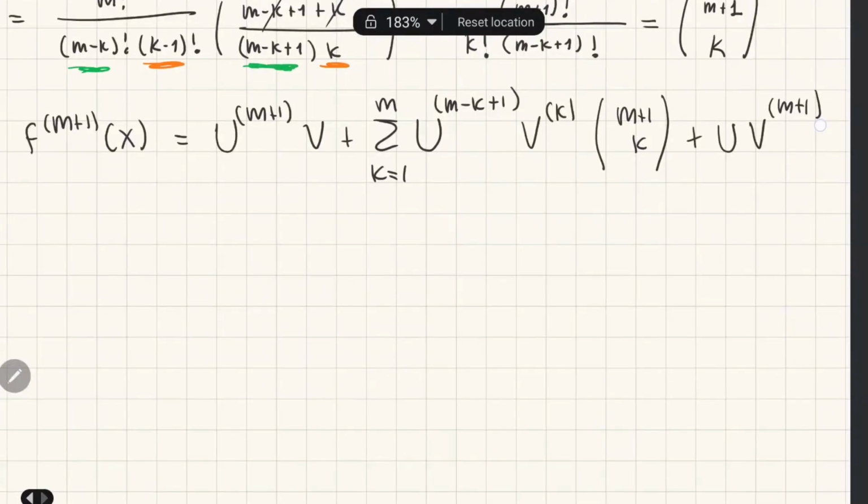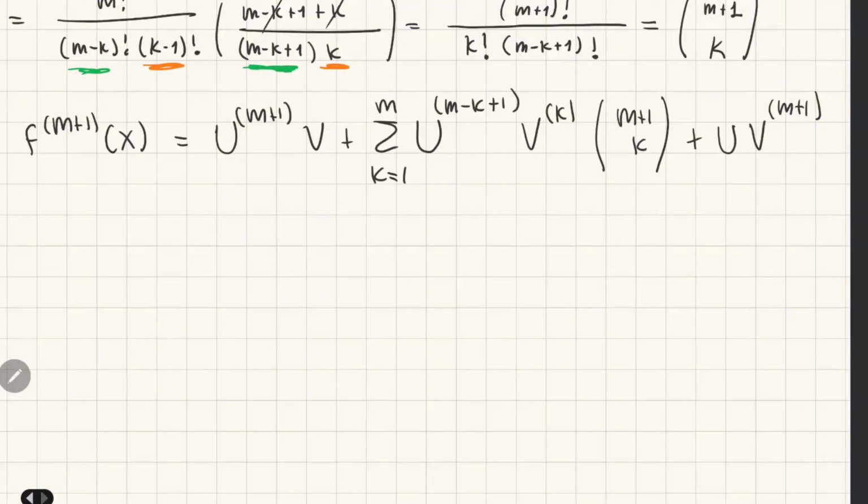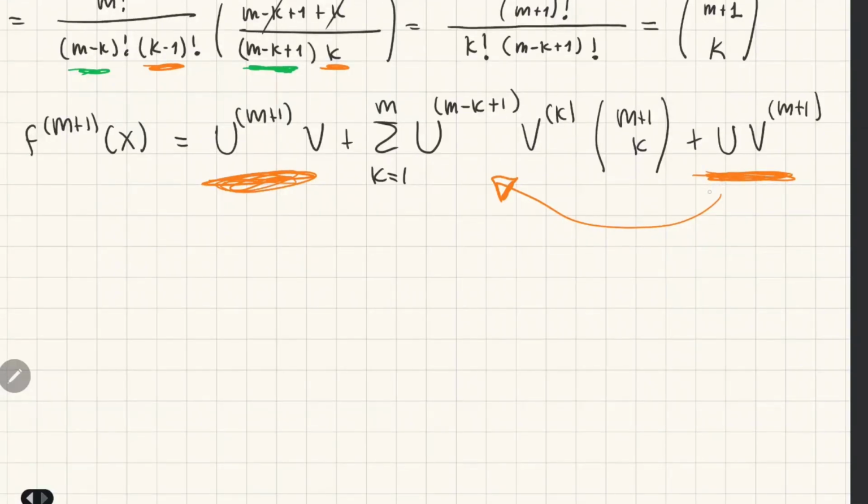Perfect. So notice that we can integrate these two elements into this sum just by taking into consideration that this will correspond to the 0th element of a sum, and this will correspond to the m plus 1 element of that sum.